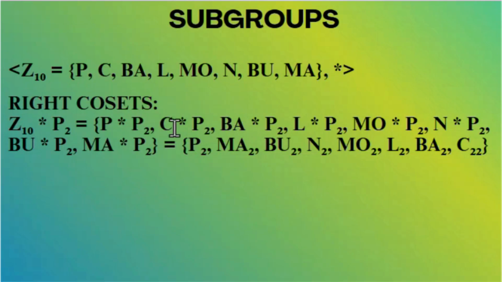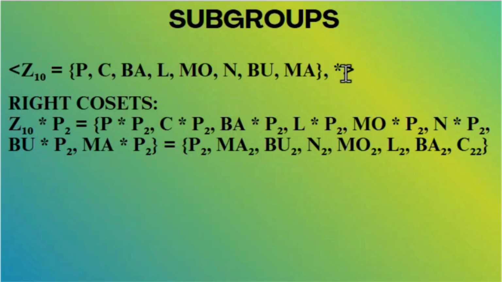So if we're going to add them, so P star P2, so they are just the same. Because if we're going to write all of them one by one, it's time consuming. That is why we have this here, to simplify it.